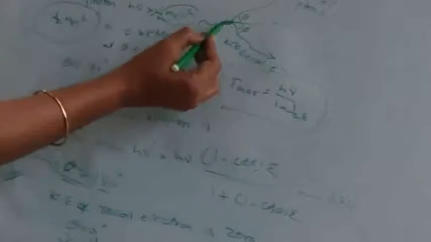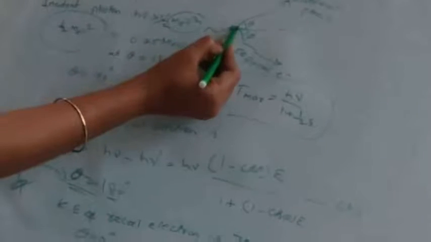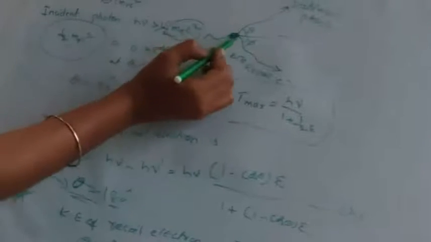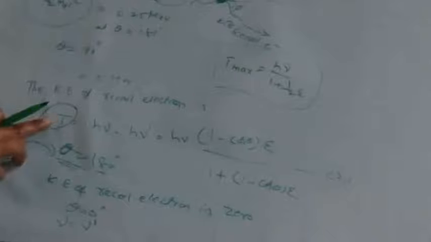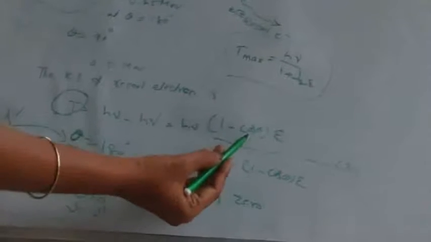Now we are interested in calculating the kinetic energy of the recoil electron. The recoil electron is nothing but, when the photon strikes the free electron, this electron also scatters with angle phi. Then that electron we call the recoil electron. Now we are interested in finding its kinetic energy. It is given by T equal to h nu minus h nu dash, whose value is h nu into (1 minus cos theta) into epsilon by 1 plus (1 minus cos theta) into epsilon.